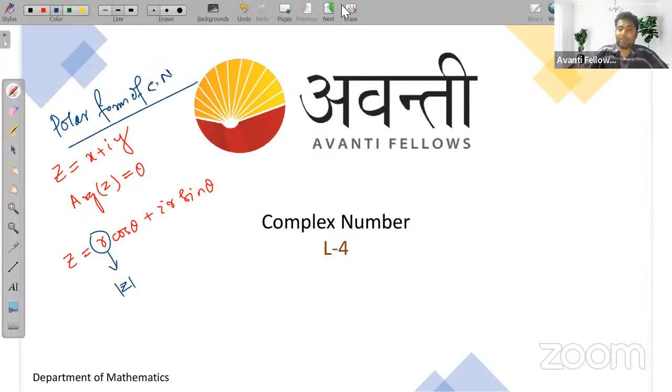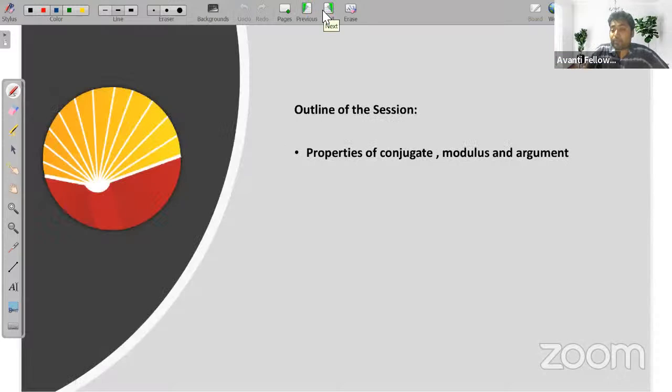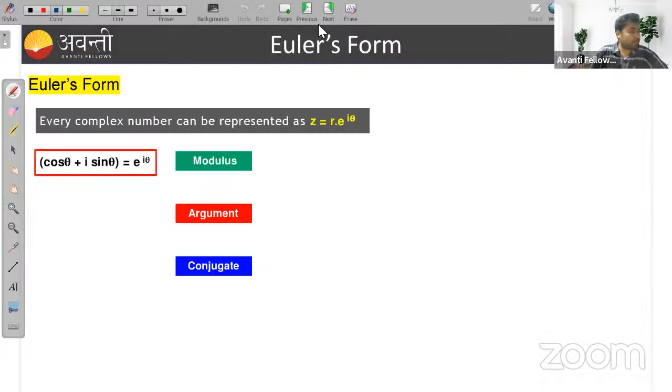So now we'll study in this session some properties of conjugate and modulus and argument. With that, we'll see another form of complex number, that is Euler's form of complex number. Okay, so what is Euler's form of the complex number? Now we see.